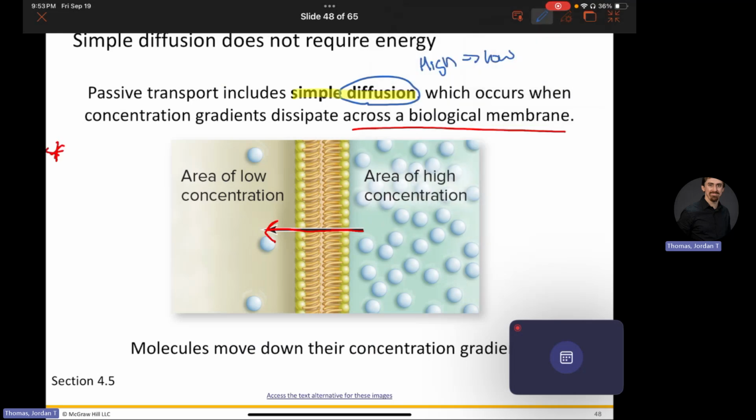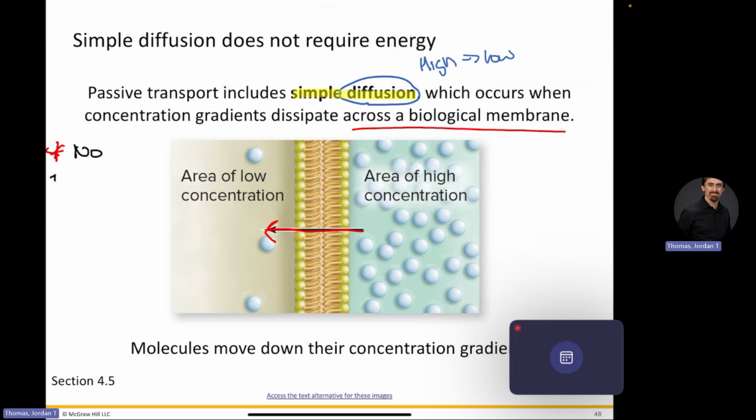And the big thing with this is that no membrane protein is required. In simple diffusion, these molecules can go straight through the membrane on their own. They don't need something helping them out.